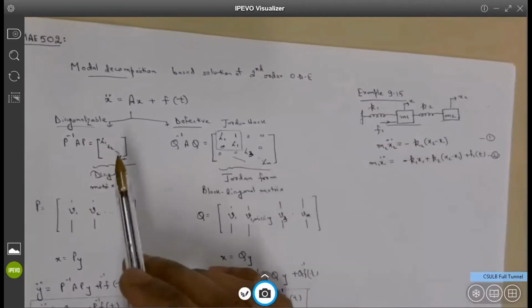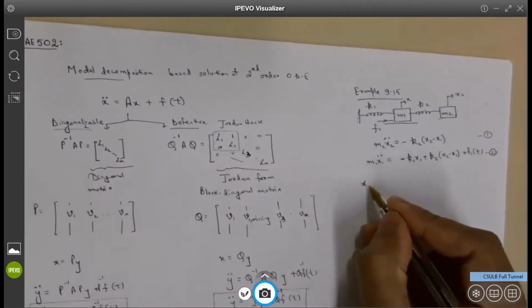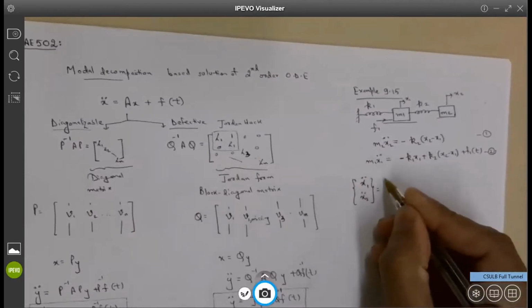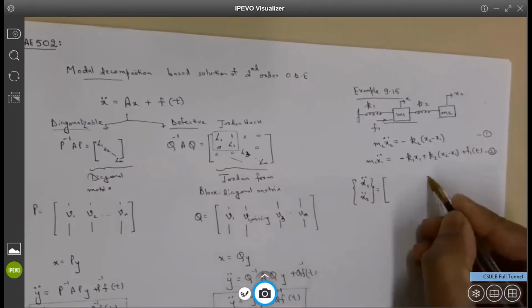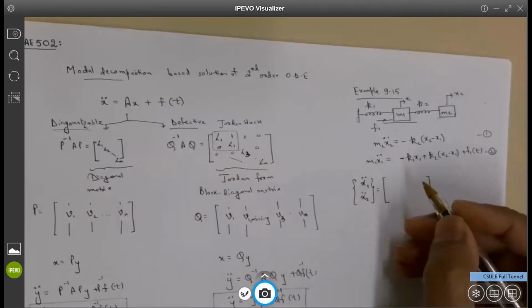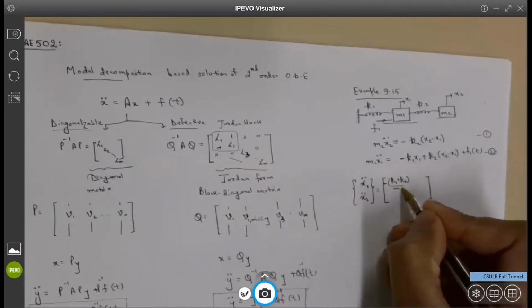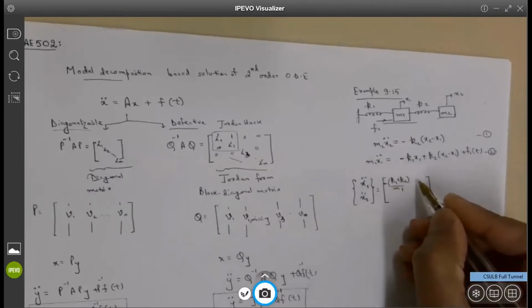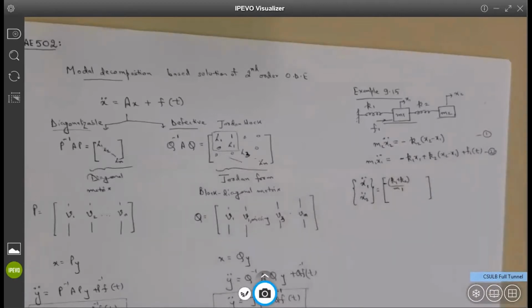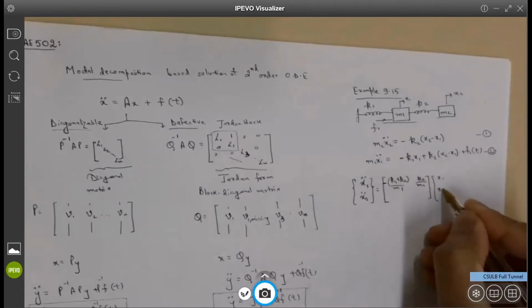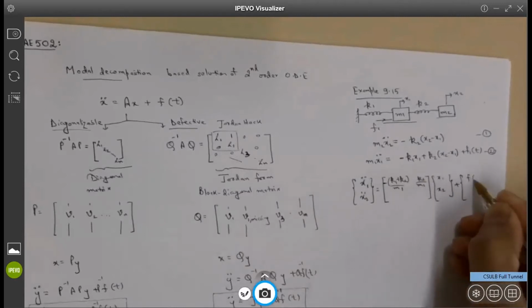If we arrange them in this format, X1 double dot, X2 double dot can be written as a 4 by 4 matrix: negative (K1 plus K2) divided by M1, then K2 divided by M1, multiplying X1 and X2, plus F(t) divided by M1, 0.